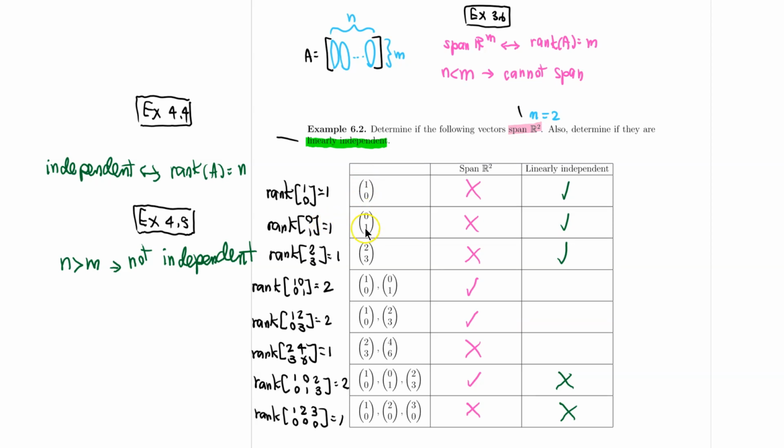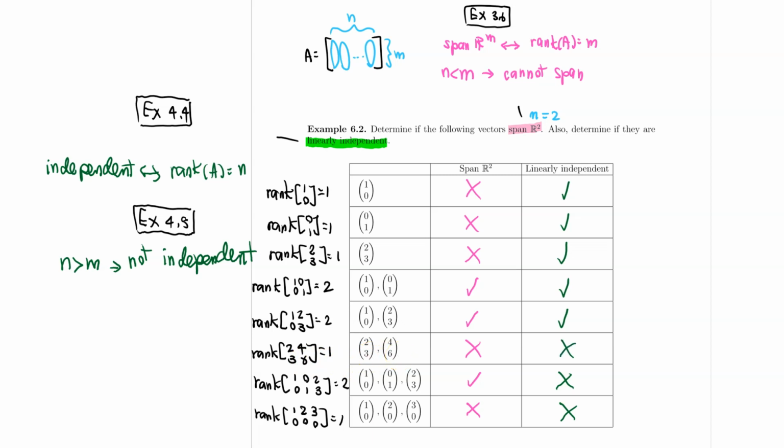Because the rank is equal to the number of vectors that I have, they are linearly independent. For the next one, the rank equals the number of vectors, so they are independent. The rank equals the number of vectors, so they are independent. And for this one, because the rank does not equal the number of vectors, they are not independent.